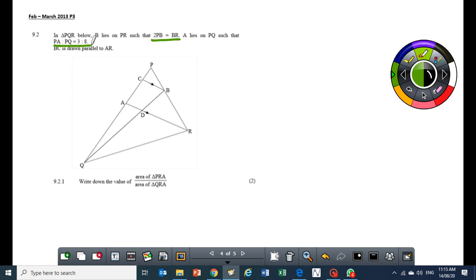So in our question, the first question says write down the value of the area of PRA divided by QRA. So we have PRA, that's the one, and then we also have QRA.